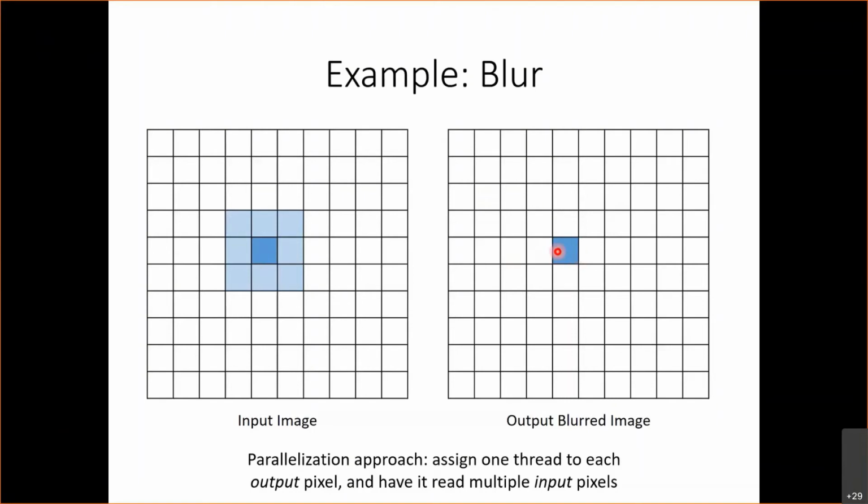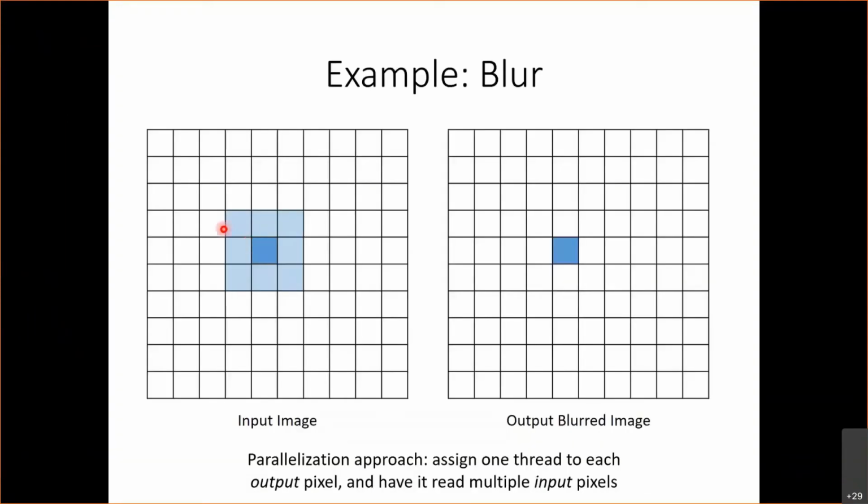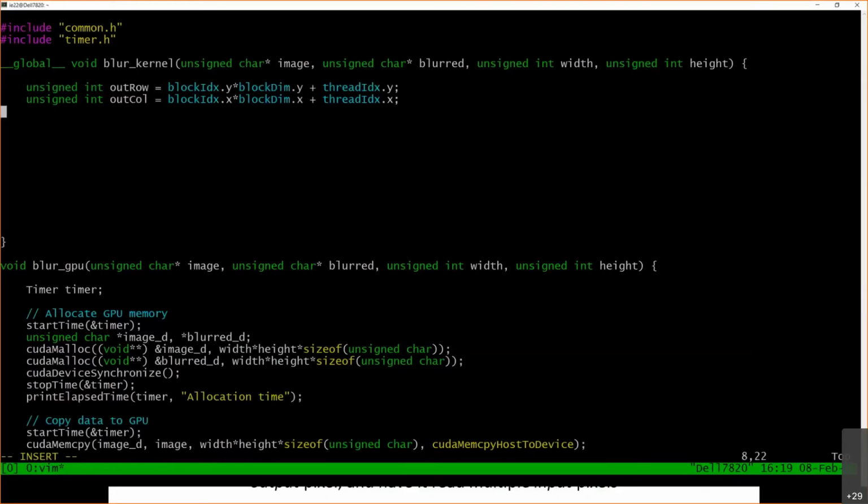Okay. So just to clarify what I'm talking about here, I'm going to call this out row. So I have an out row and an out column, because later on I'm going to have an in row and an in column for these different pixels. We need a bound, right?